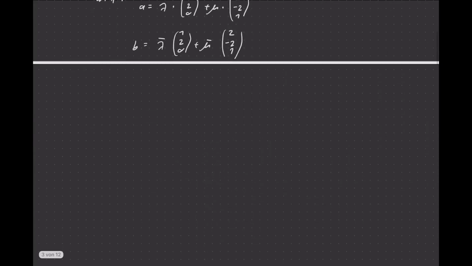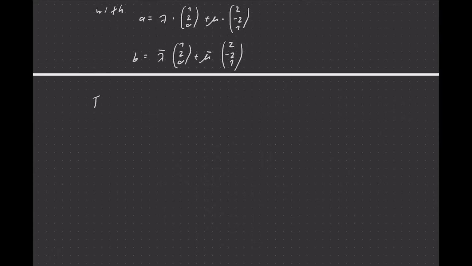Okay, let's have a look at the sum of those two vectors. a plus b is then, well, we just take those representations here. And what we get is lambda plus lambda bar times (1, 2, 0) plus mu plus mu bar times (2, -2, 1).